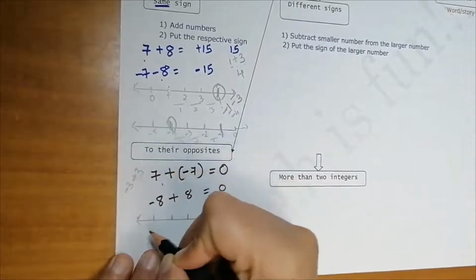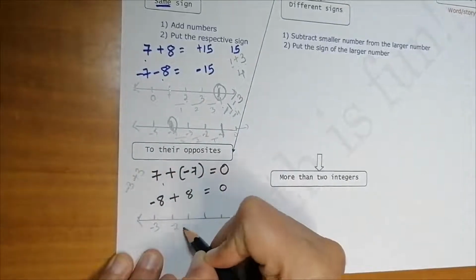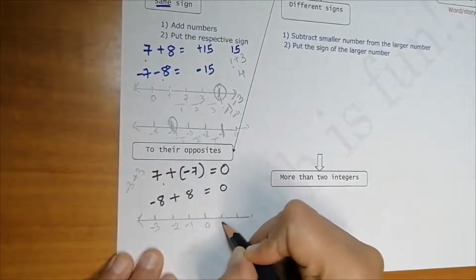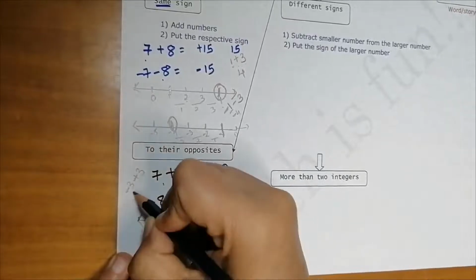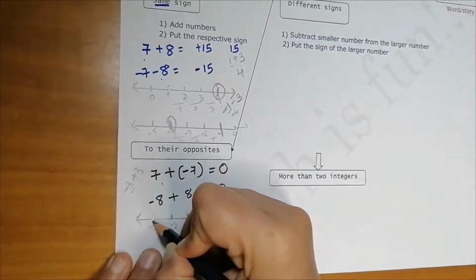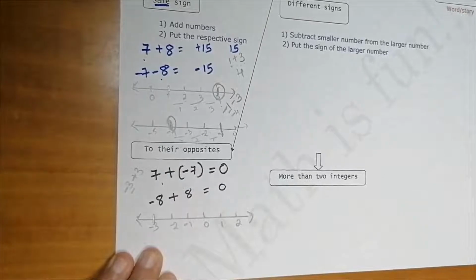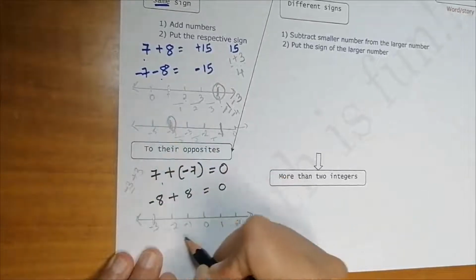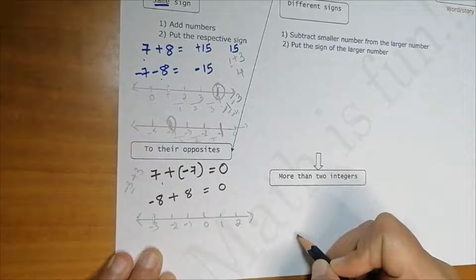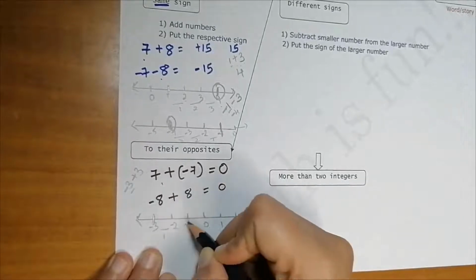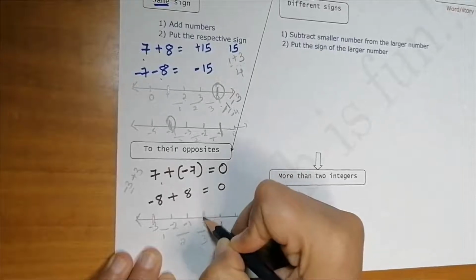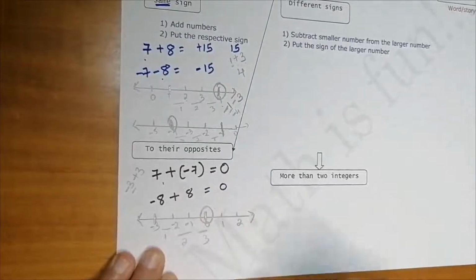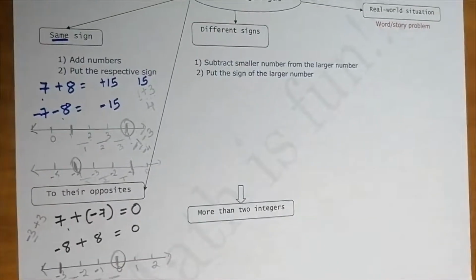So this is minus 3, minus 2, minus 1, 0, 1, 2, and so on. So we start at minus 3. This is our starting point. And then it says plus 3. So plus means we'll go to the right. This is 1 unit, second unit, and third unit. And here we are at 0. So that's how you do it on a number line. Isn't that simple? It is, right?